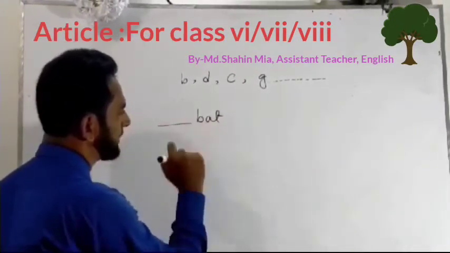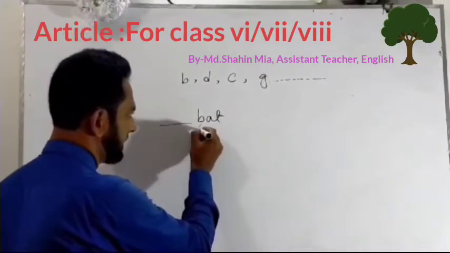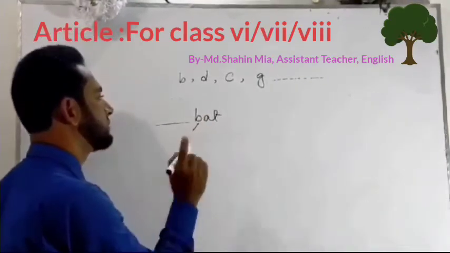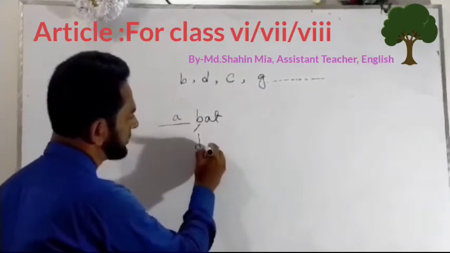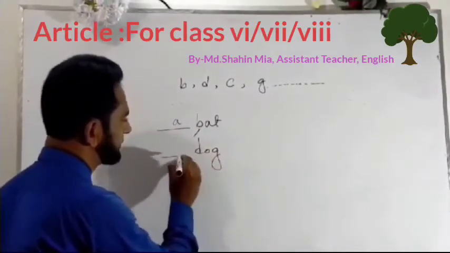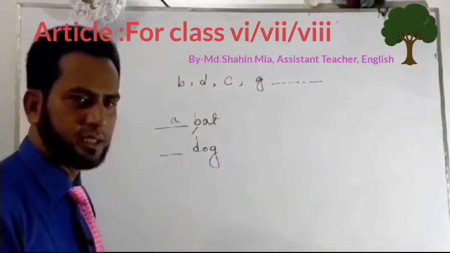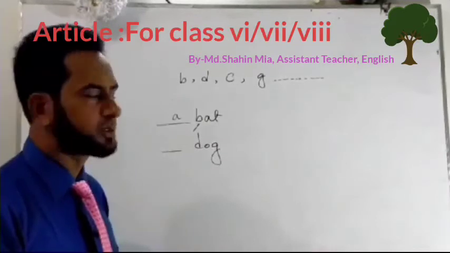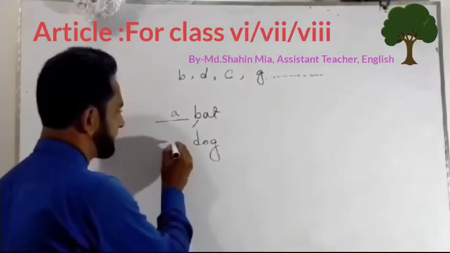At the beginning of the word bed there is a consonant sound and it is B. So before the word we must use article a. Dog. Here at the beginning of the word there is a letter D and D denotes consonant sound. So we must use article a.